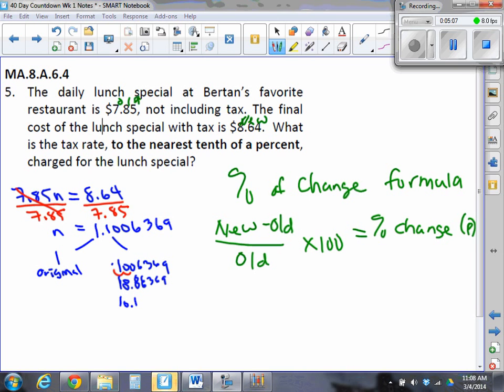Once you label them, you're going to plug it in and end up doing calculator work. So the new is 8.64 minus the old 7.85, divided by the old 7.85, multiplied by 100, which is going to be equal to, instead of percent of change, let's just use P.